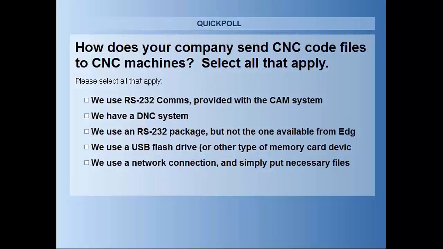Some companies use an RS232 package from different machine tool providers. Others just have a flash drive, maybe a USB port or a PCMCIA card, that lets the machine quickly read programs from a device like that, and still other machines are network compatible. We're wondering what kind you have, so if you could just fill us in on that.